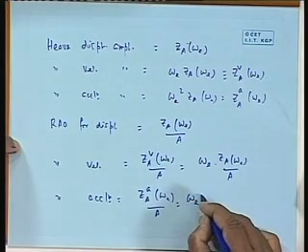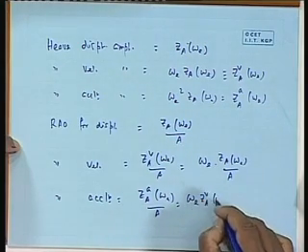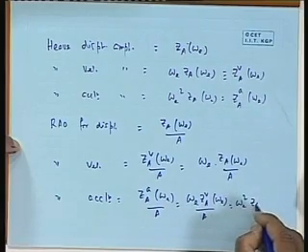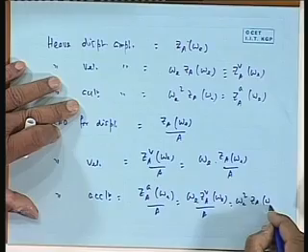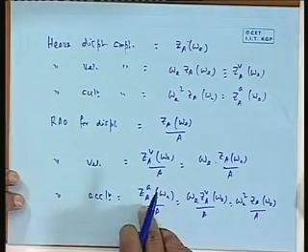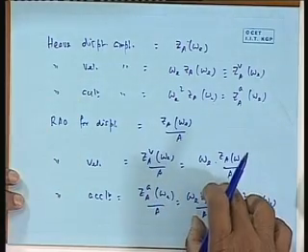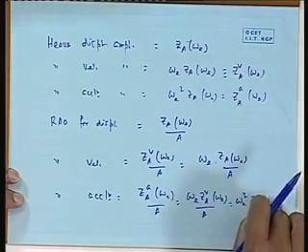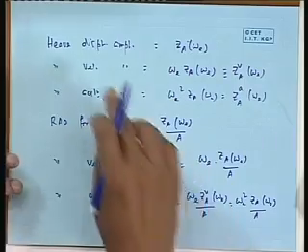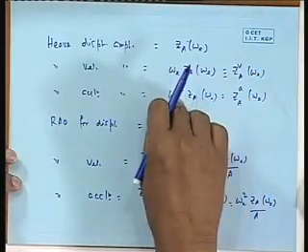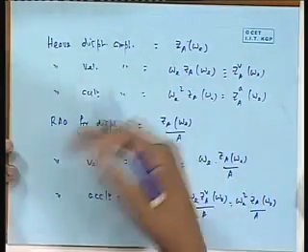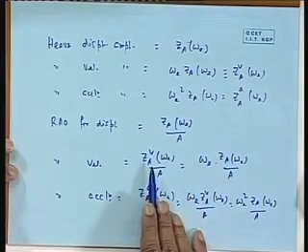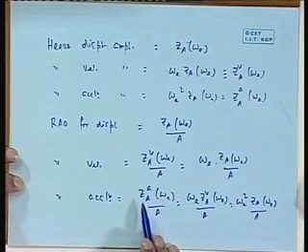This will become omega_e times the amplitude of velocity divided by A, or omega_e square times the amplitude of displacement by A. In other words, the RAO is nothing but amplitude by A. So the RAO of displacement into omega_e gives you the RAO of velocity, into another omega_e gives you the RAO of acceleration.